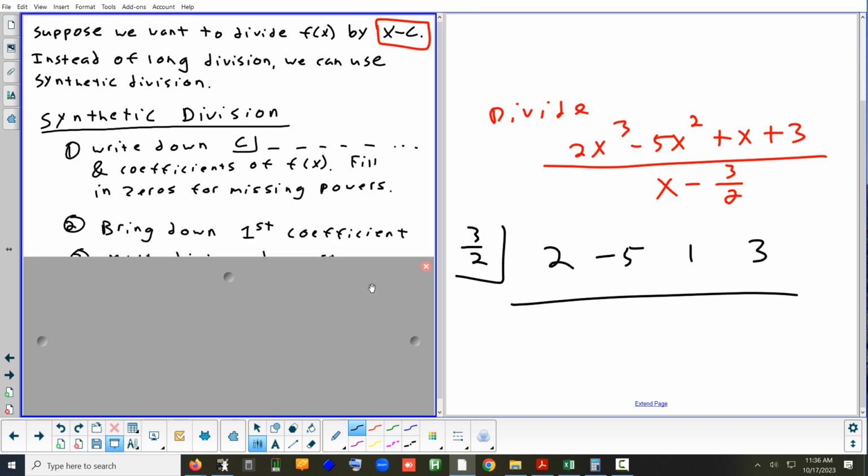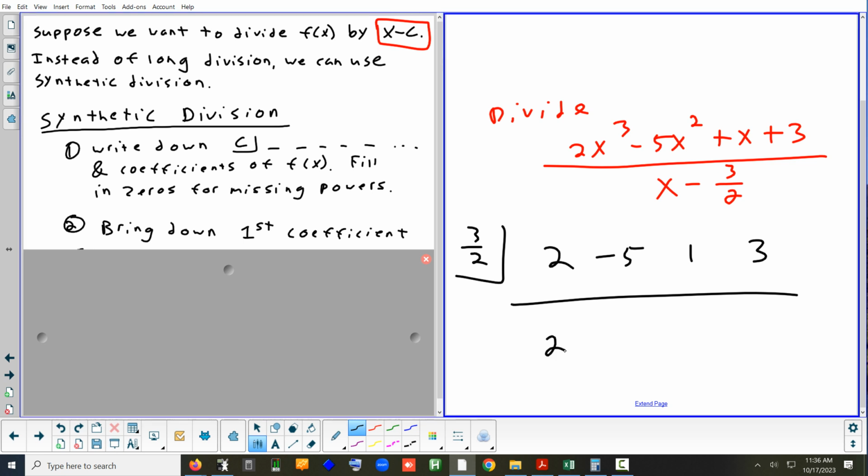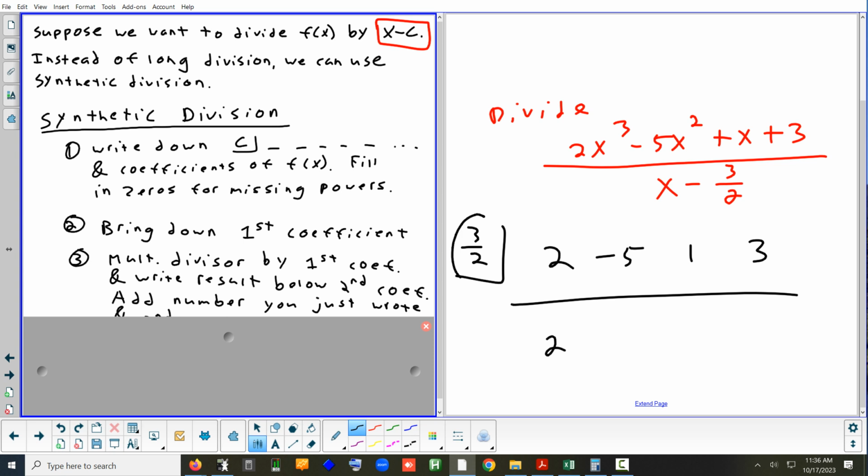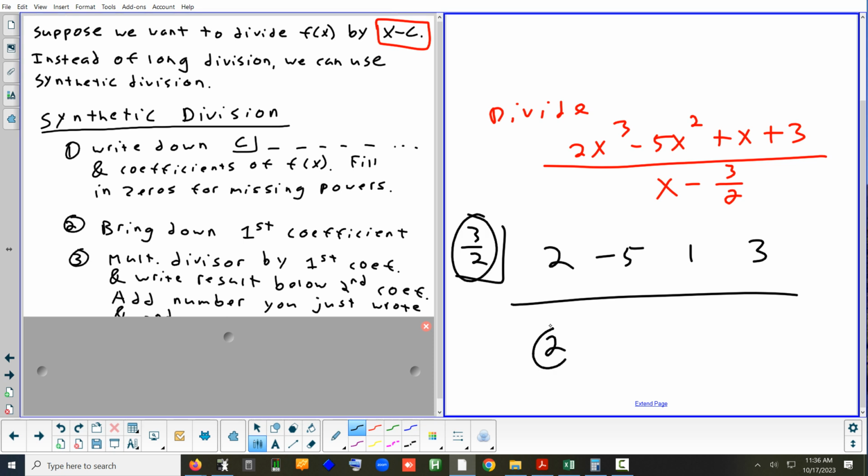Okay, the next step. Bring down the first coefficient. Put it below the line. That's the first step. Okay, the next step. Multiply the number on the outside by the number you just brought down. What's 3 over 2 times 2? 3.